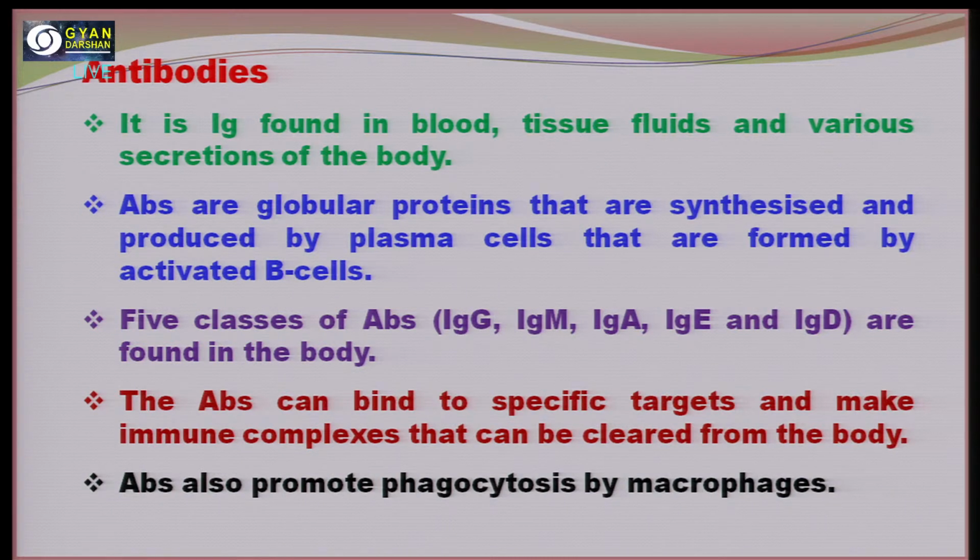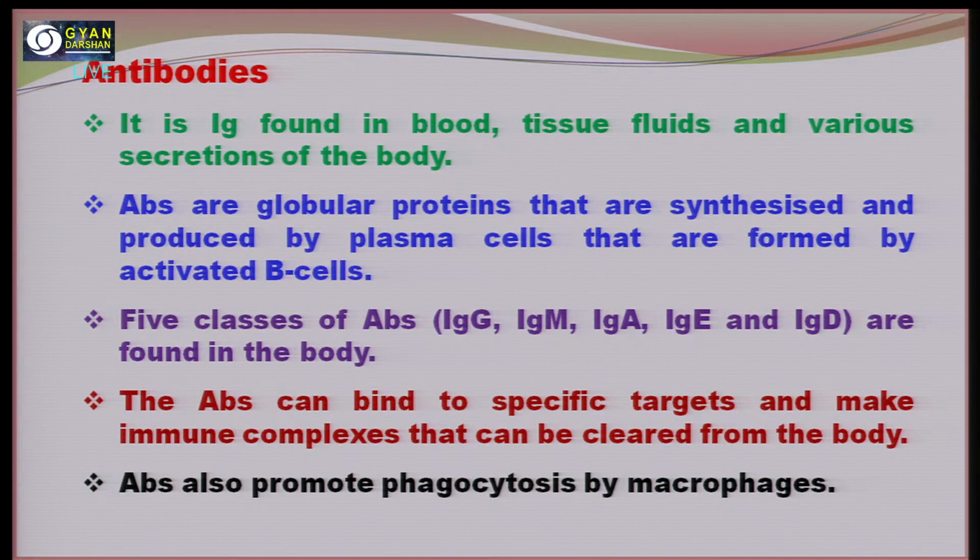Antibodies are immunoglobulins found in the blood, tissues, fluid, and the various secretions of the body. Antibodies are globular proteins that are synthesized and produced by plasma cells, formed by the activated B cell. The activated B cells are able to release the antibodies.